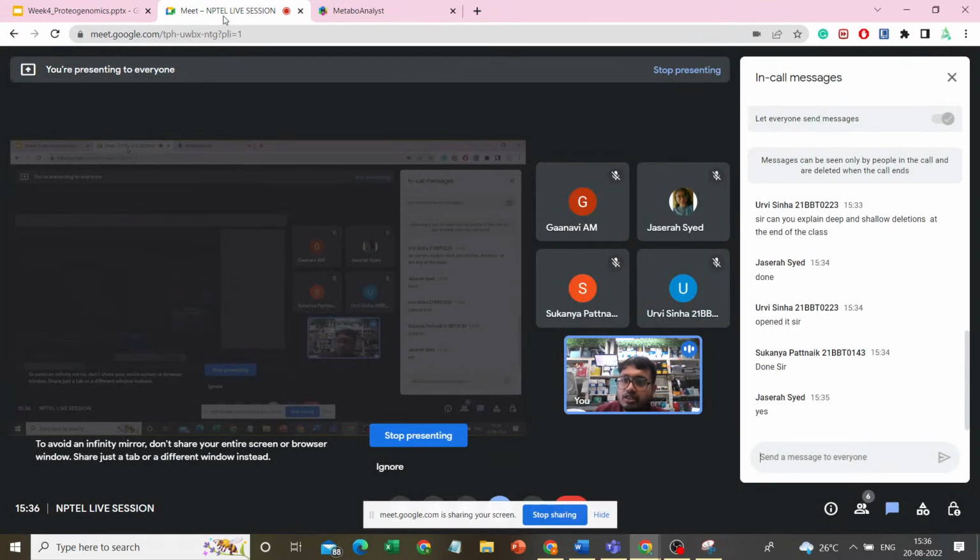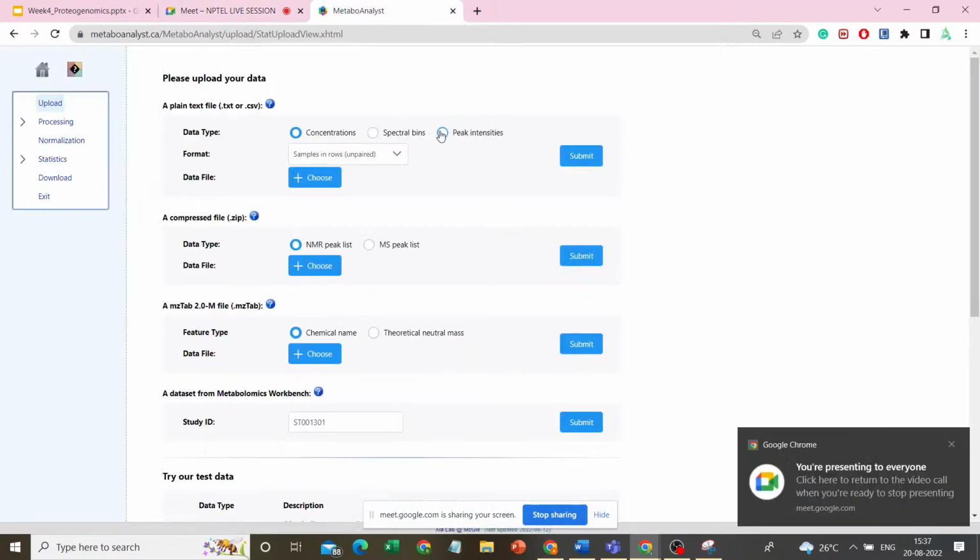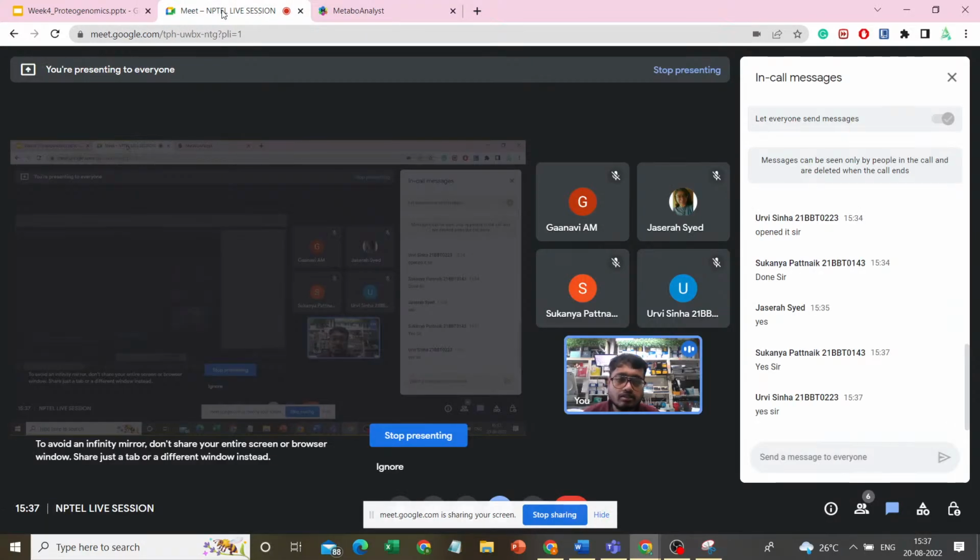Okay, so everyone is on the same page. Now we will select the peak intensities. So can anyone tell what is the meaning of these peak intensities?